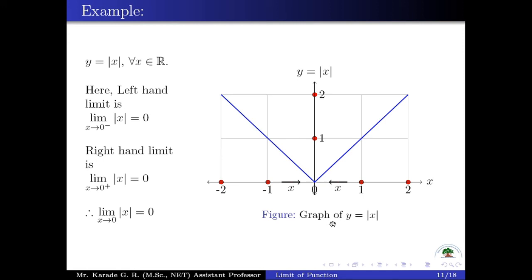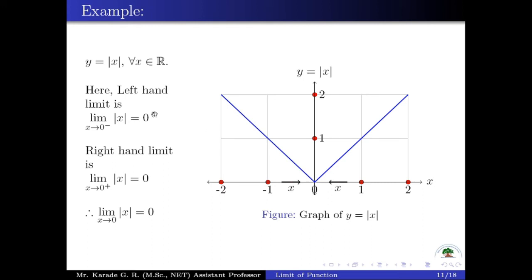See here in the graph, when x is approaching 0 from the left side of 0, the values of the function are also approaching 0. So we say that the limiting position of function mod x is 0 when x approaches 0 from the left hand side.